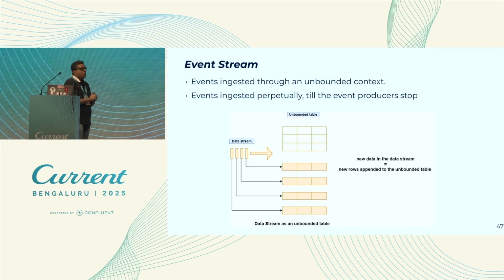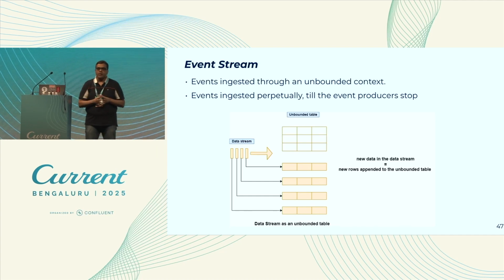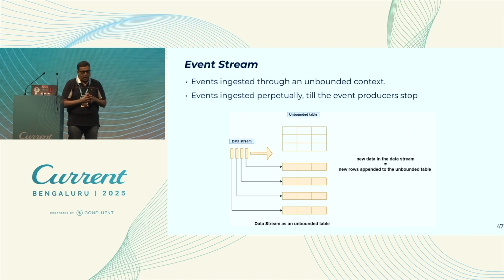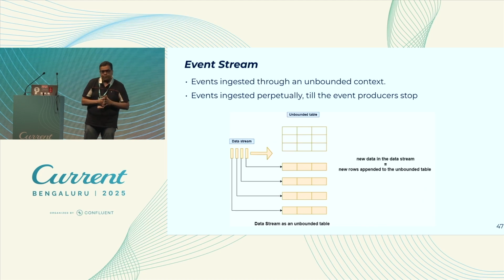So now that we understand what an event is, let's look at what an event stream is. An event stream, unlike a database table, is an unbounded, append-only log of data, with all these events getting appended to the stream, right? So streaming data, or an event stream, is nothing but an unbounded table.